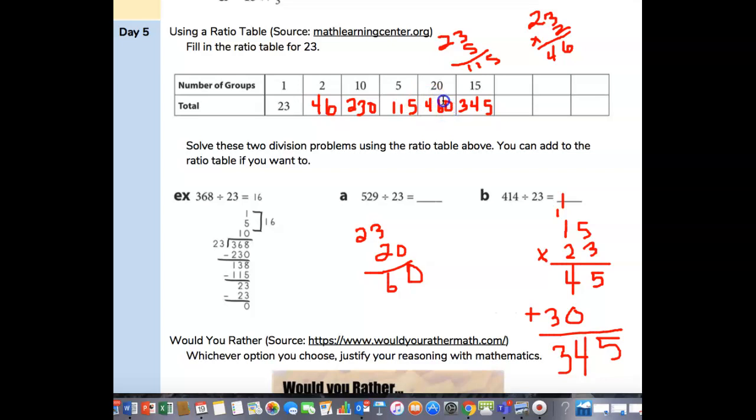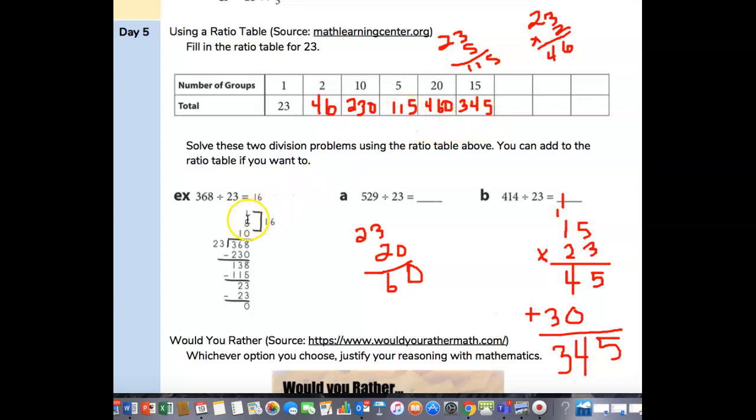All right, so what they did is they did how many 23s are in 36. So that would be 1. So that 1 goes there, and then they subtracted, brought it down, and how many 23s are in 138. So you go to the number that's closest to 138 without going over.